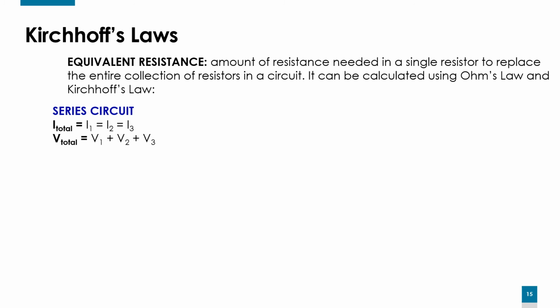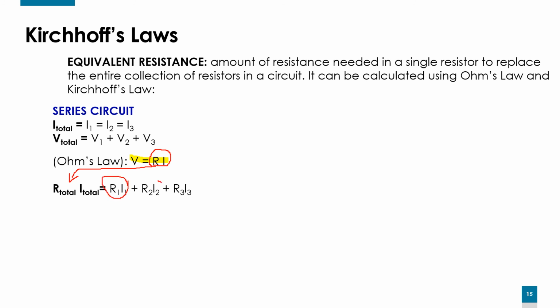So let's say in a series circuit, I know the current is the same for all, and the voltage is the sum. And just remember Ohm's law from the previous video, V equals R times I. Here I can put R times I as the total, and it is equal to the sum of each of them. So I'm going to put resistor 1 times current 1, resistor 2 times current 2, and resistor 3 times current 3.